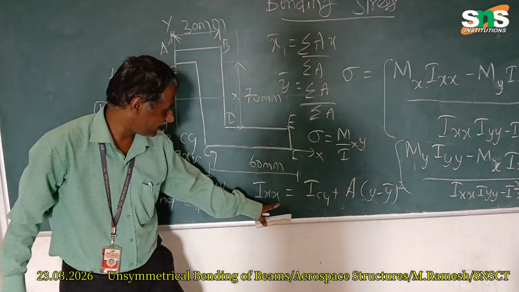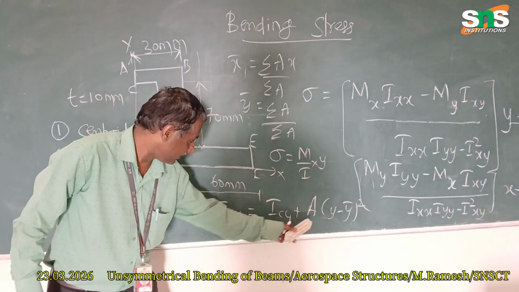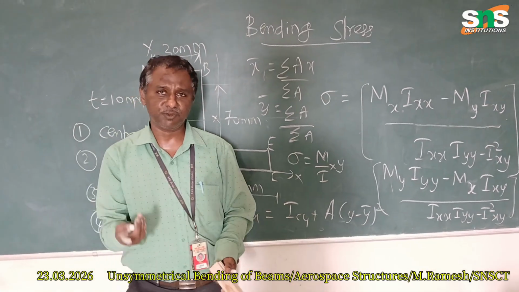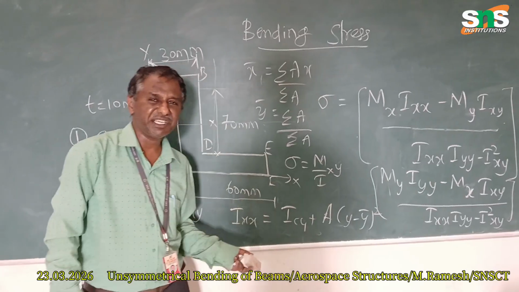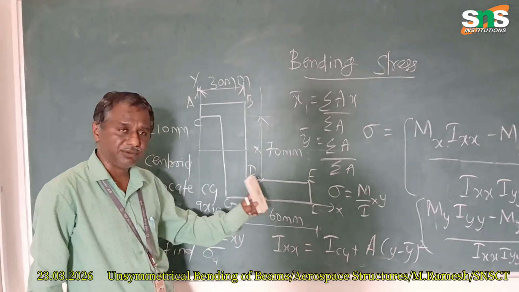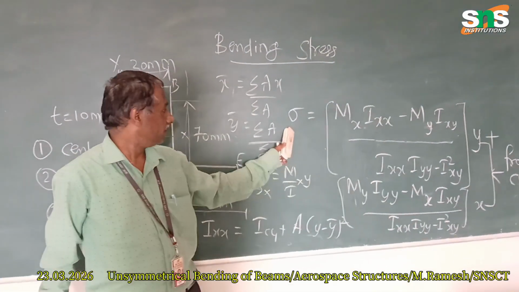If it is Iyy, then Icg plus A into x minus x bar the whole squared. If it is Ixy, then Icg plus A into x minus x bar into y minus y bar. Like that we have to approach. After finding Ixx, Ixy, Iyy, apply them in this expression and you get the bending stress.